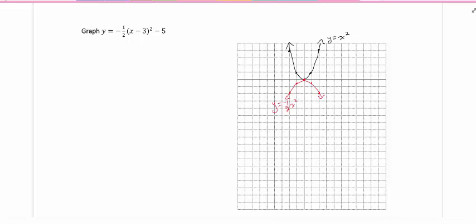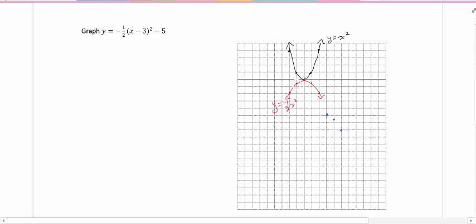We could do these transformations at the same time. We'll take each point and translate to the right 3, down 5. Take my next point to the right 3, and down 5. Next point, again, to the right 3, and down 1, 2, 3, 4, 5.